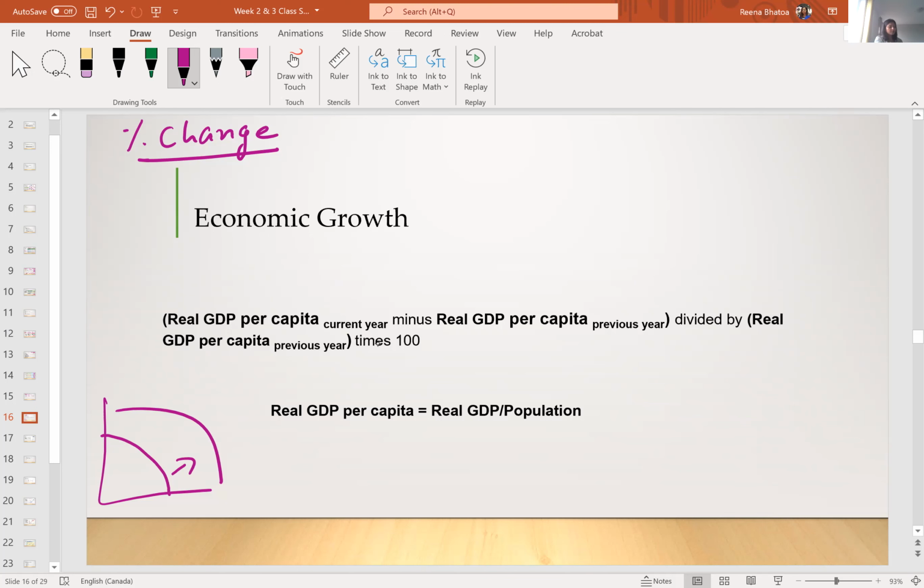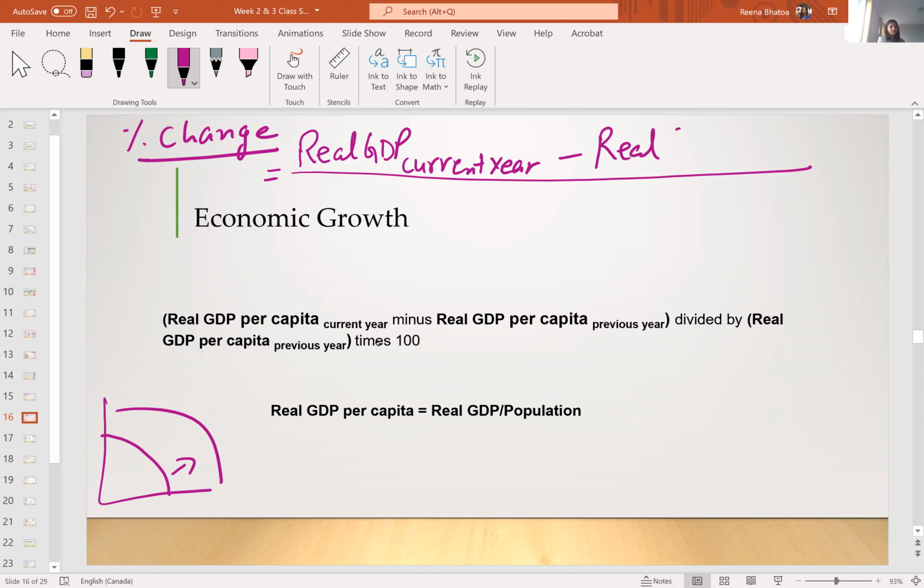I'm going to write the formula. One is written here, but I'm going to write another formula, growth rate. It is real GDP current year subtract real GDP previous year, divided by real GDP previous year, everything times 100.